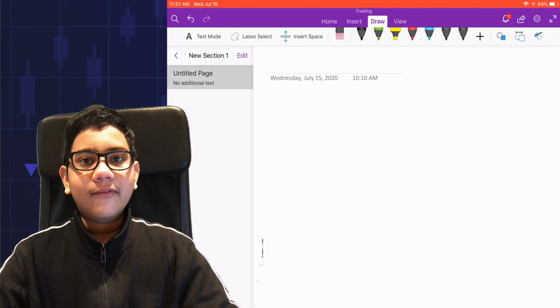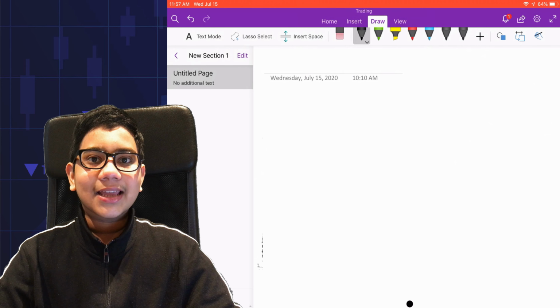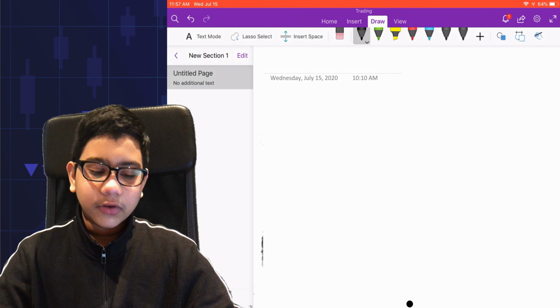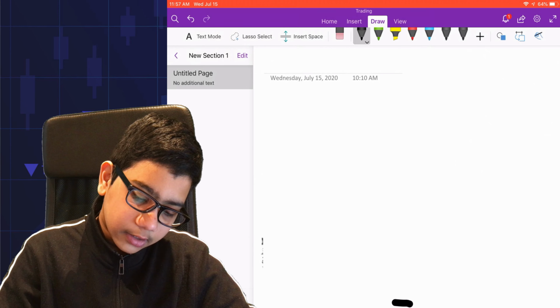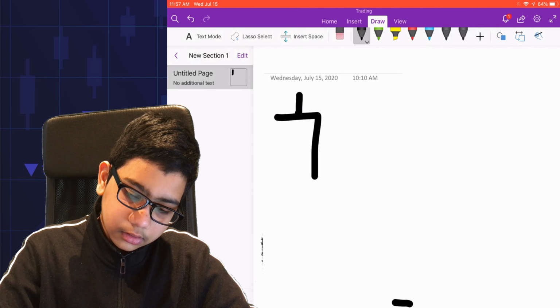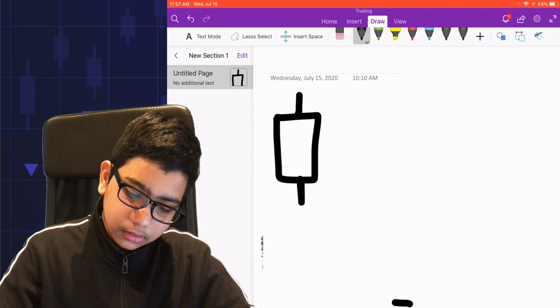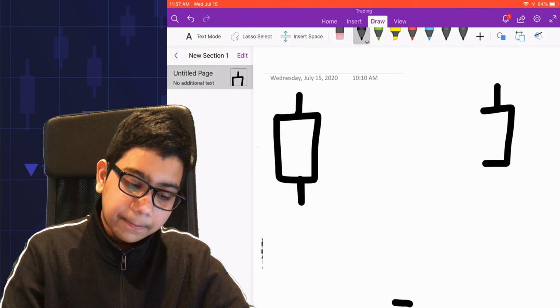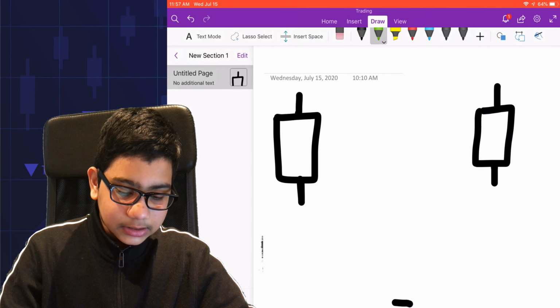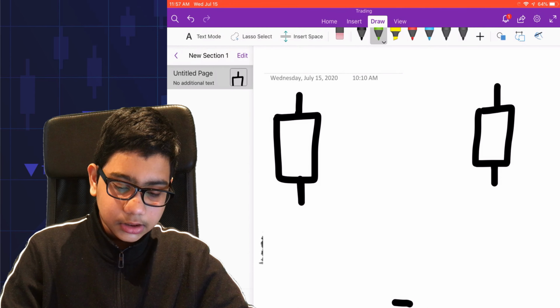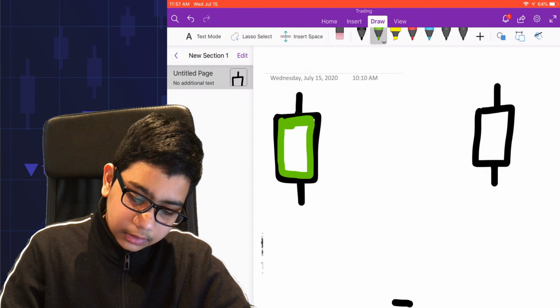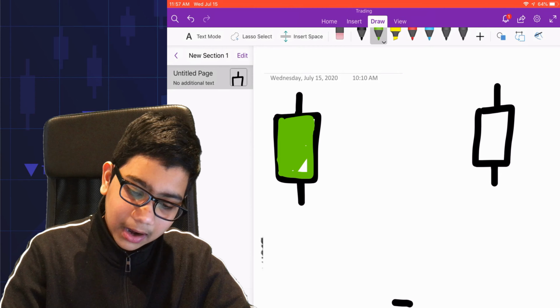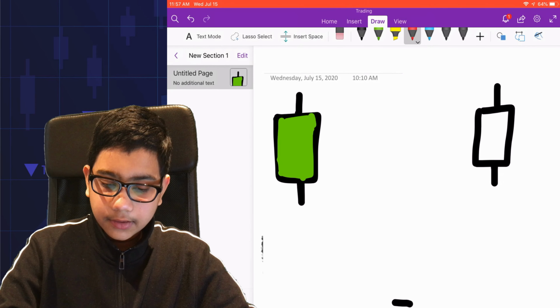So let's quickly revise what a candlestick is made up of for the new viewers. So this is how a candle looks like. A bullish candle is green for its body, and for a bearish candle, its body is red.